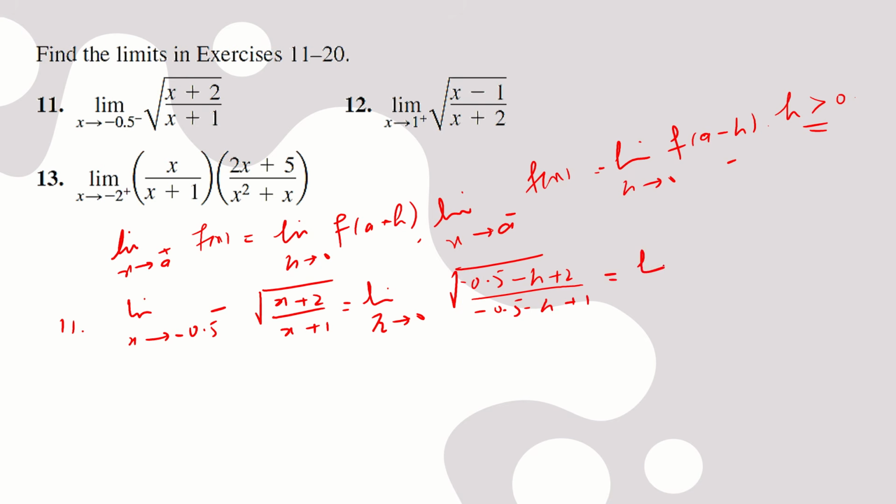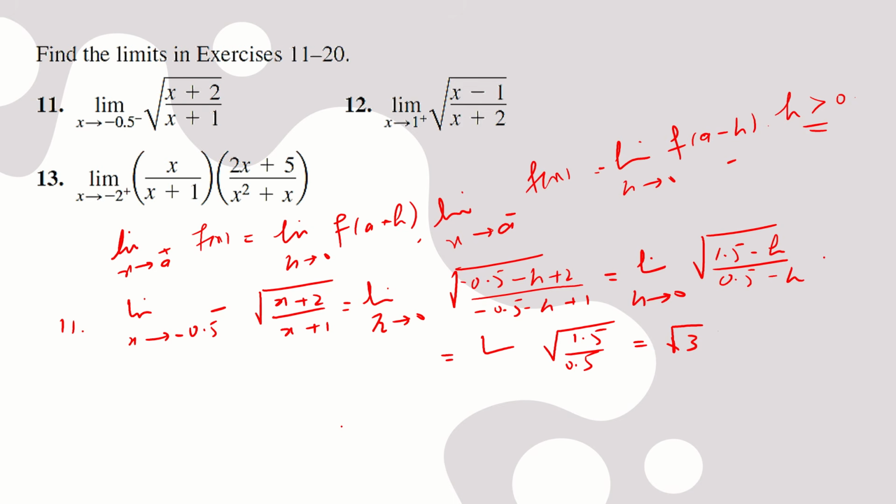After simplification, we get limit h goes to 0 under root 1.5 minus h divided by 0.5 minus h. Then applying this limit, you get under root 1.5 divided by 0.5, which is under root 3. So limit of this function will be simply under root 3.